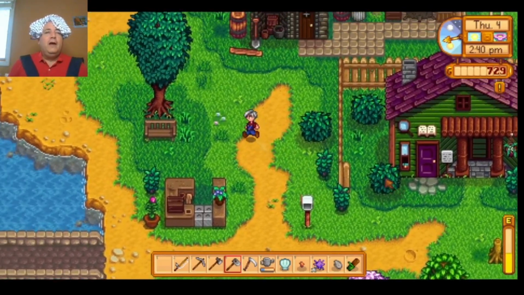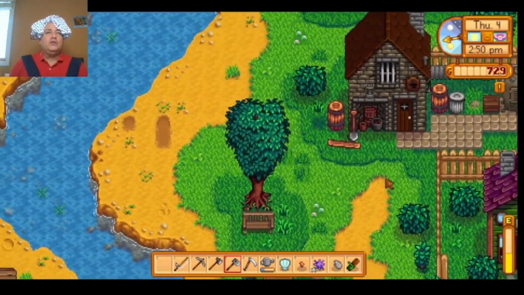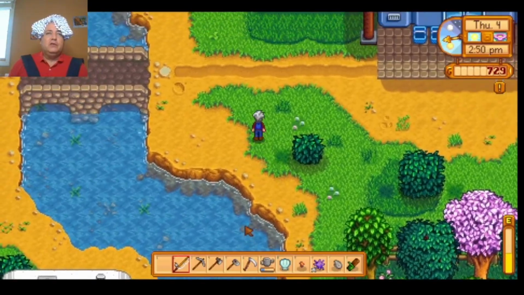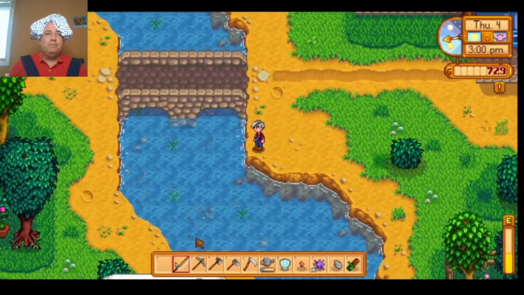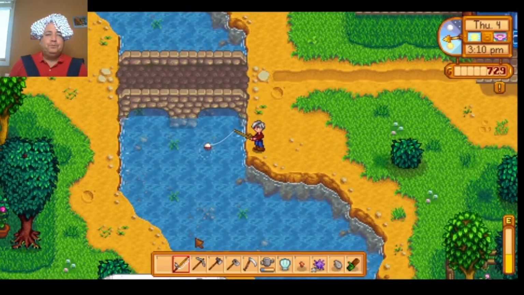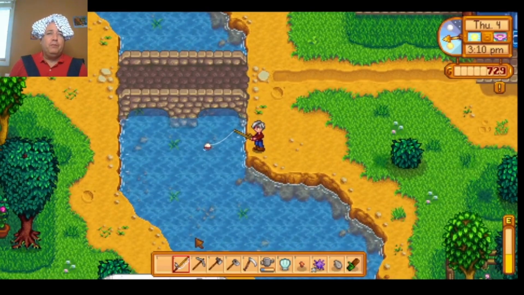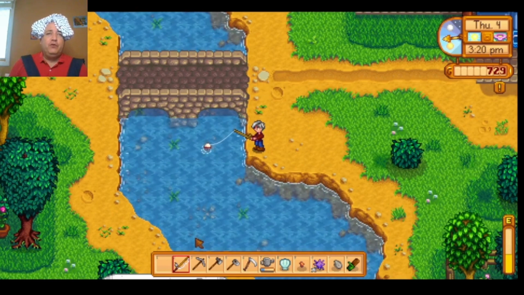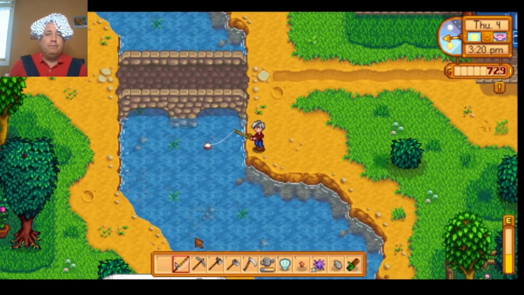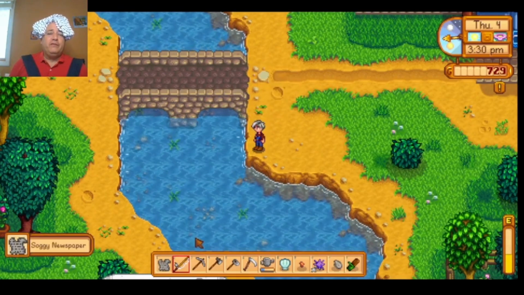Yay, that's good. We also want to give Leah her quest. She has a quest for us to deliver her sunfish. So we'll try and fish a sunfish here. Normally I would go from the bridge, but here's a little trick. If you are full in your inventory, which we might end up being, you're better off fishing from the left or the right.